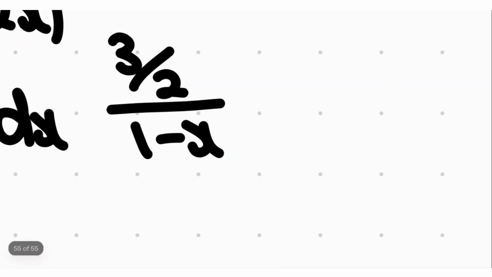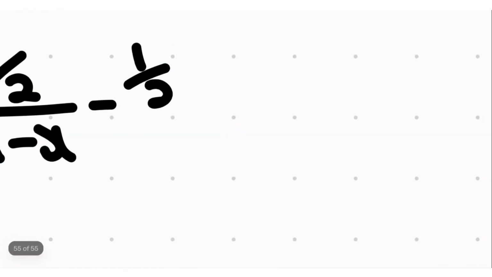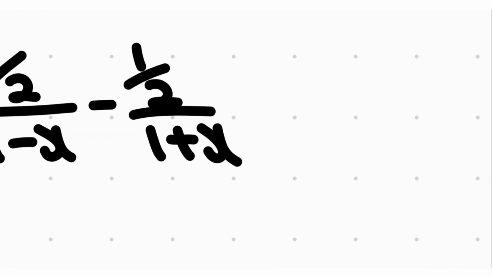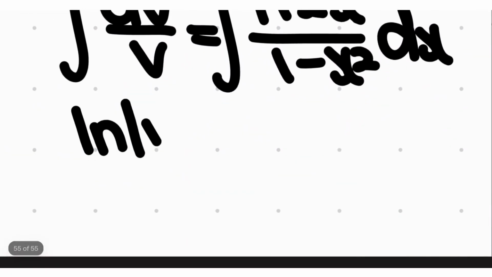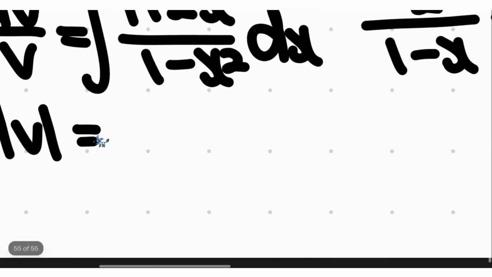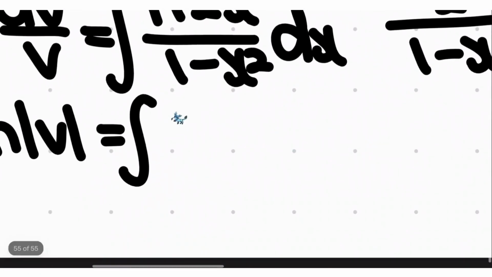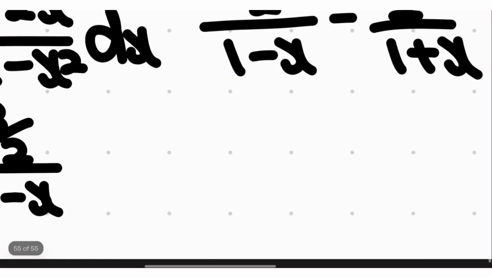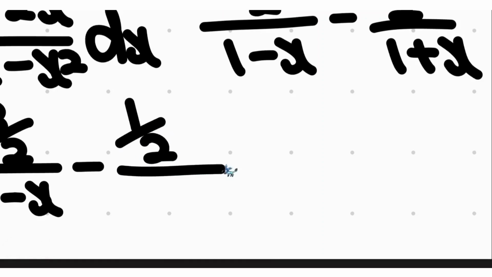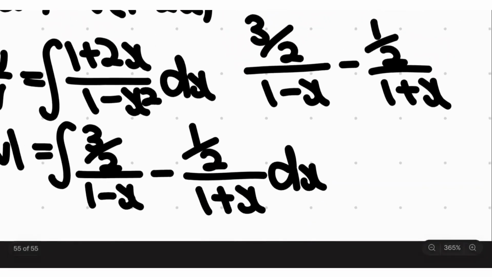And if you do the partial fractions, you will get 3 over 2(1 minus x) minus 1 over 2(1 plus x). So I'll use that result. So the natural log of the absolute value of v is equal to the integral of 3 over 2(1 minus x) minus 1 over 2(1 plus x) with respect to x.